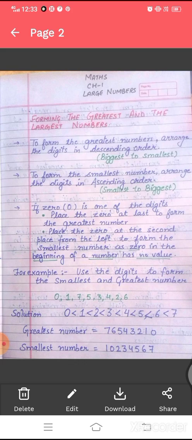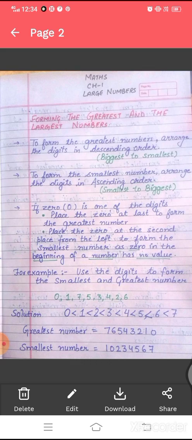The largest digit is 7, so we write 7 first, then 6, after that 5, 4, 3, 2, 1, 0. This way you can form the greatest number.